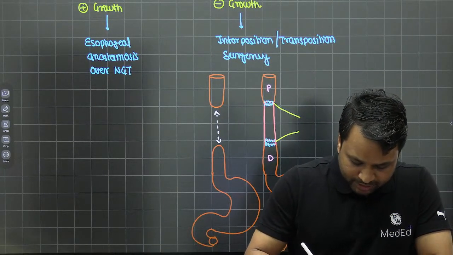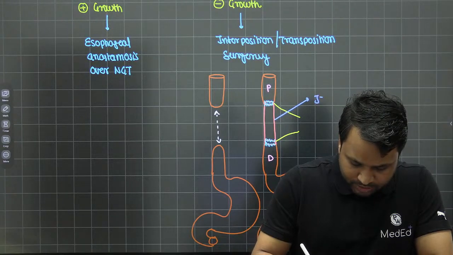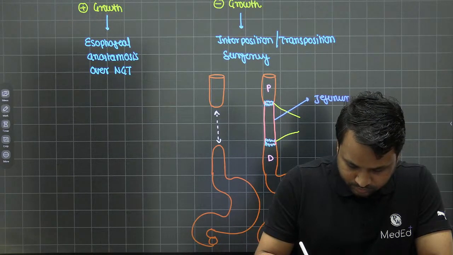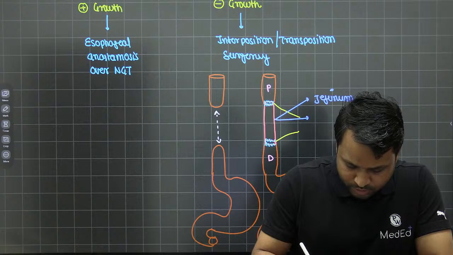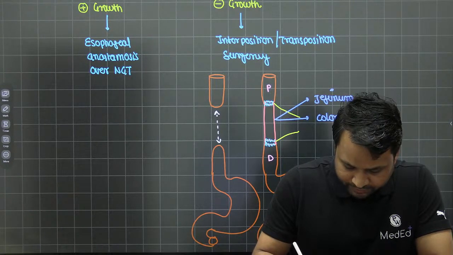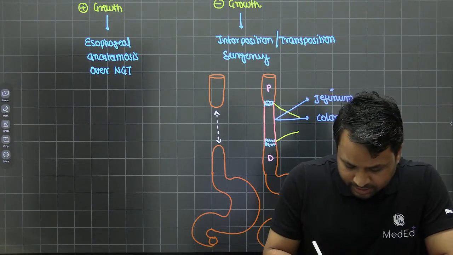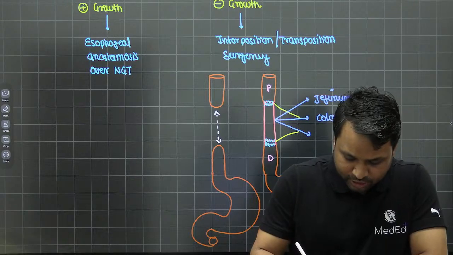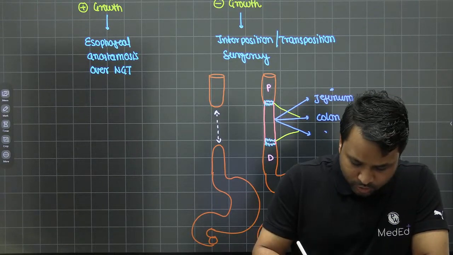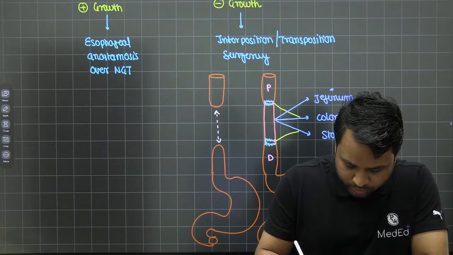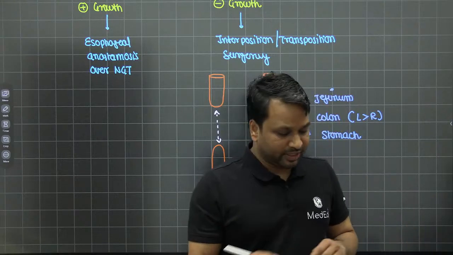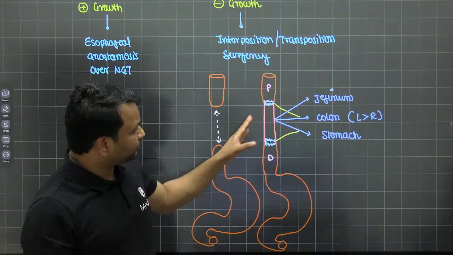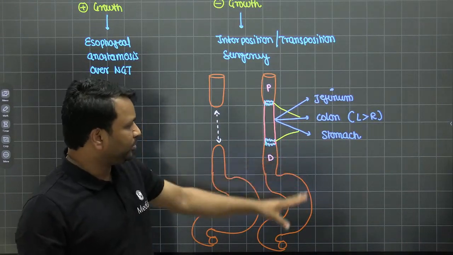For transposition, I can use jejunum, I can use colon, left is preferred over right, and obviously I can do a gastric pull-through. So I can also use the stomach as a conduit. So this conduit that we have taken could be of jejunum, colon, or stomach.